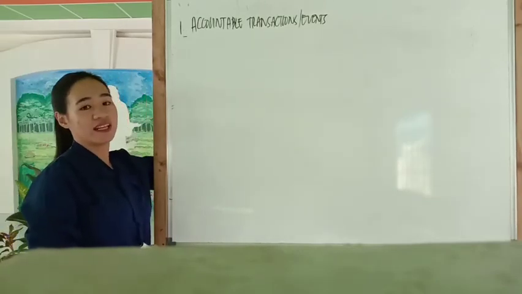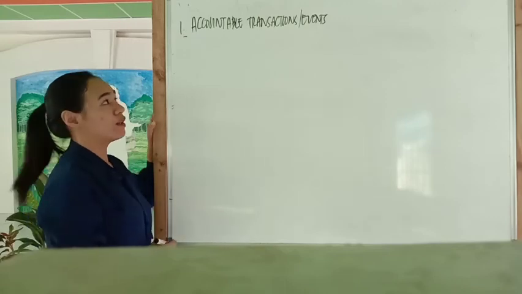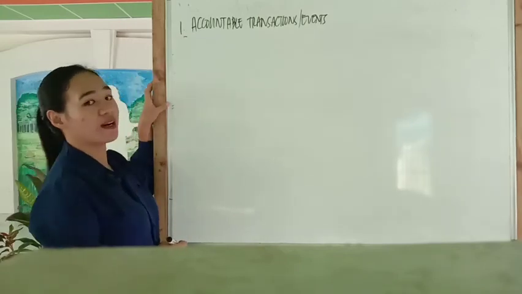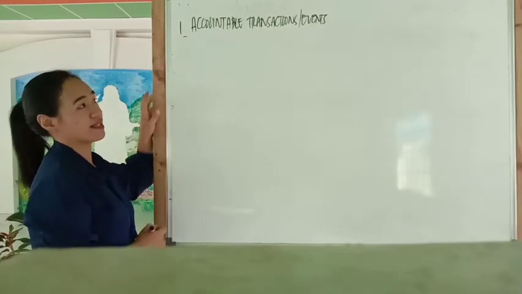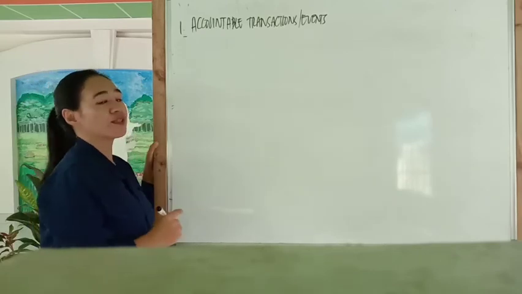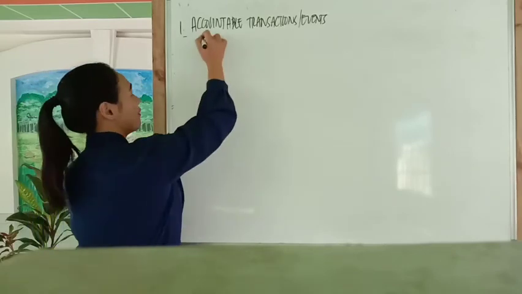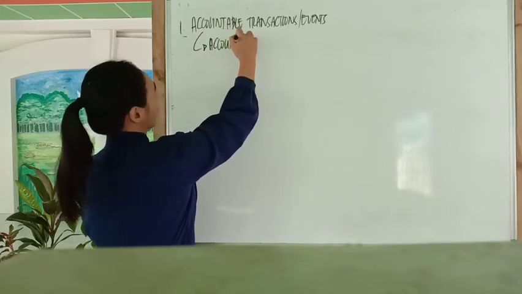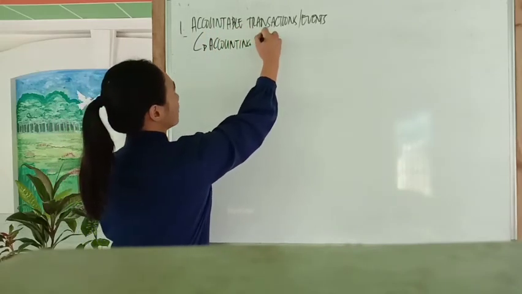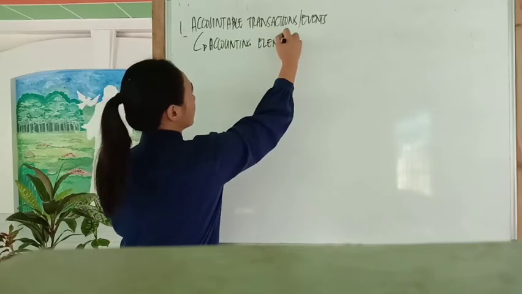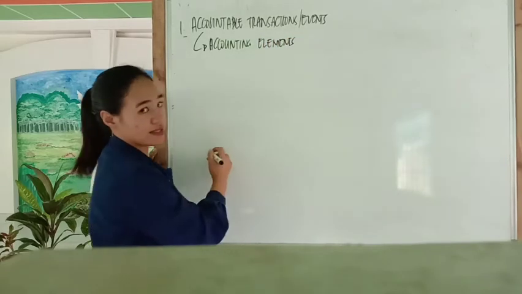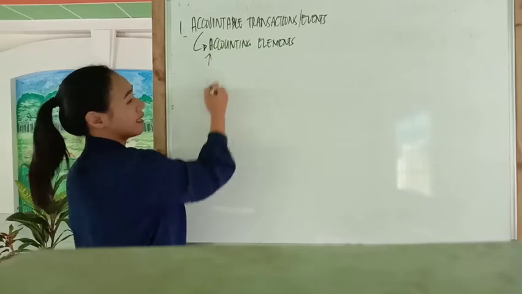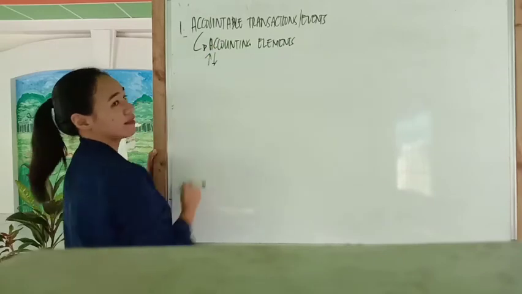Yun lang yung nire-recognize natin. So what do we mean when we say accountable transactions or events? Ito yung mga transactions or events that has an effect in your accounting elements. Whether it is an increase or it is a decrease.